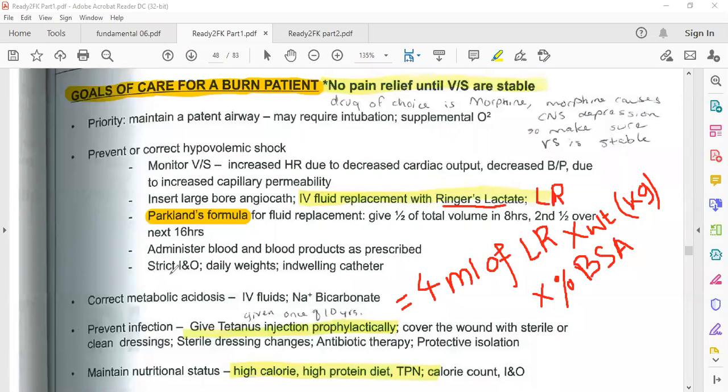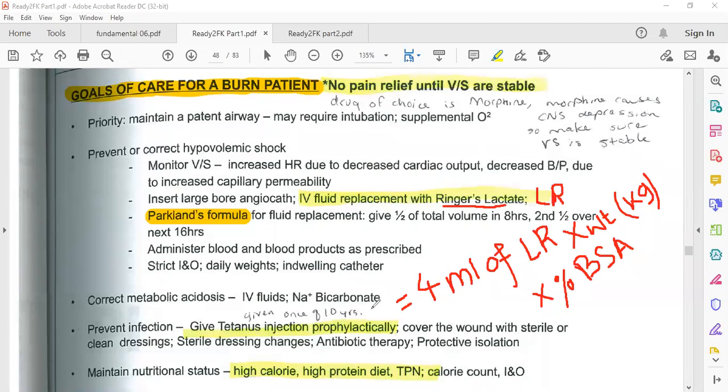Also strictly monitor the input and output chart, daily body weight, and insert a Foley catheter. Correct the metabolic imbalance with IV fluid and sodium bicarbonate. A patient who has been burned has a chance to develop electrolyte imbalance, especially metabolic acidosis, and we correct it with IV fluid and sodium bicarbonate.